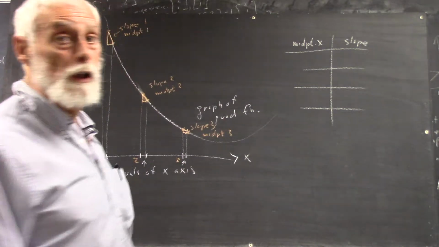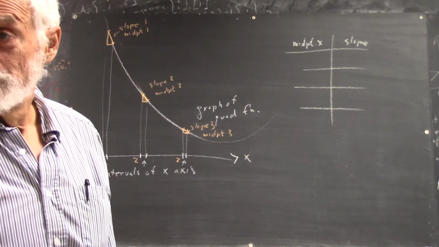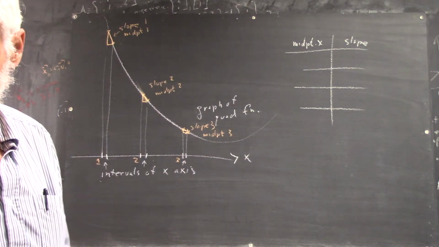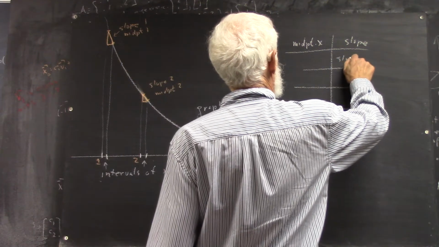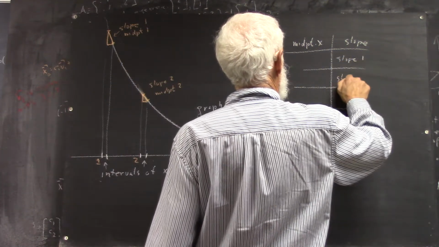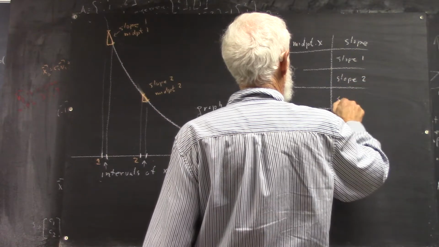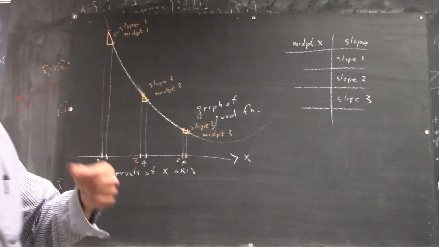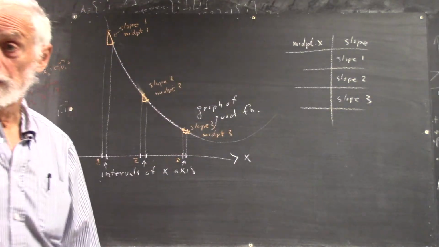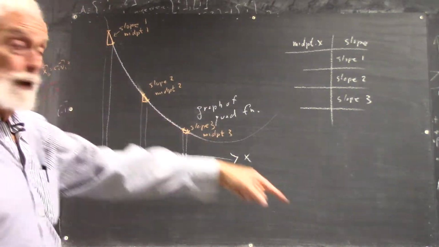Well, you got 3 slopes, right? So you make a table. And in that table, you put your first slope. Then your second slope. And the third slope. What do you put down for your midpoint x? Now you've labeled these triangles.